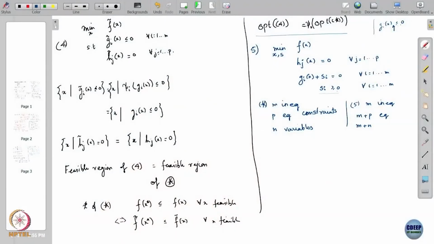Now, what is the advantage of doing something like this? One key advantage is that it standardizes things quite a bit for us. All inequality constraints can, without loss of generality, be considered to be of this very simple form: some variable greater than or equal to 0.